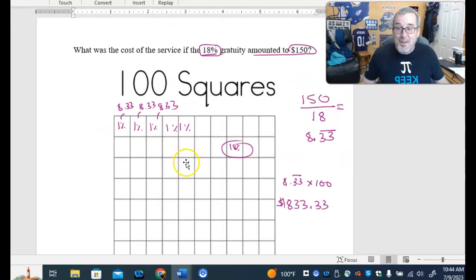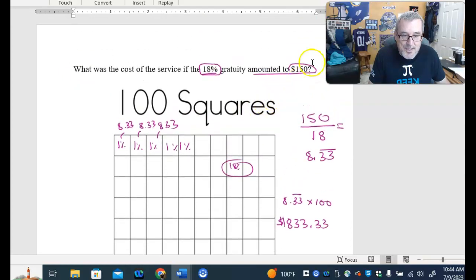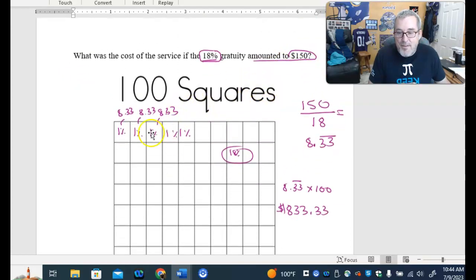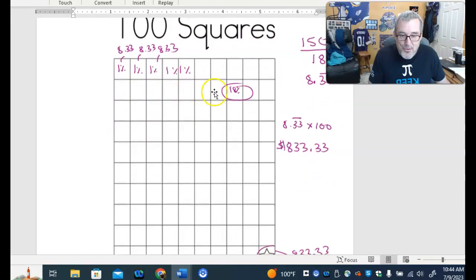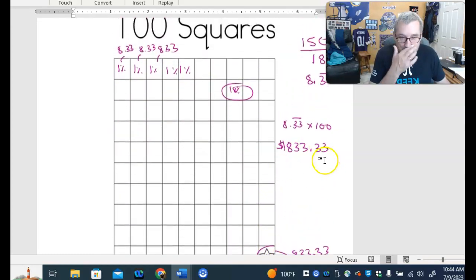So that's it. We allow meaning. What does 18% mean? We allow the tool to help me make sense of it. How much would be in each square if 18 squares is $150? And if each square is 8.333, how much money would be in all 100 squares? 833.33.